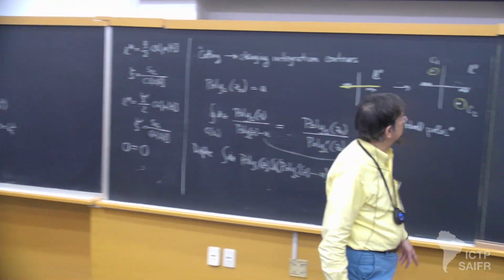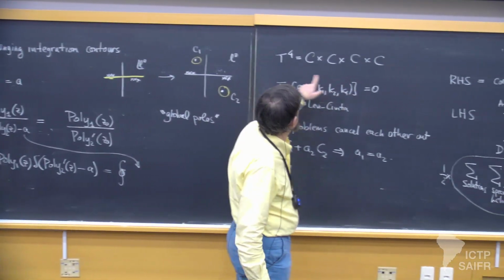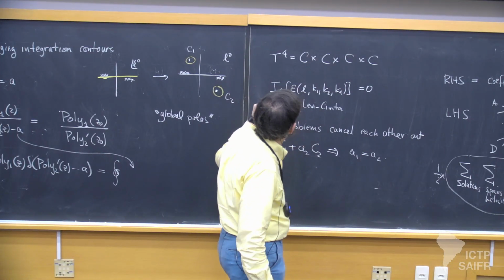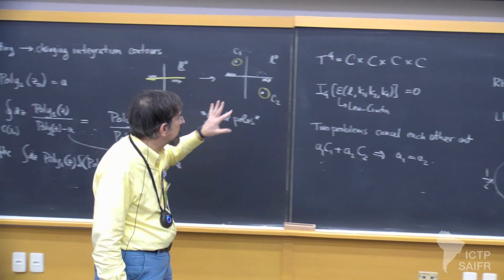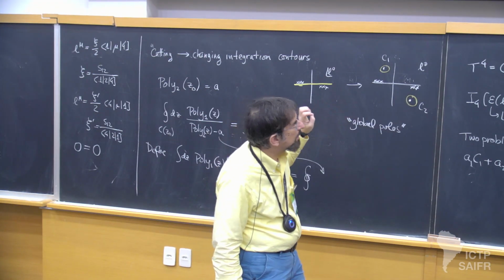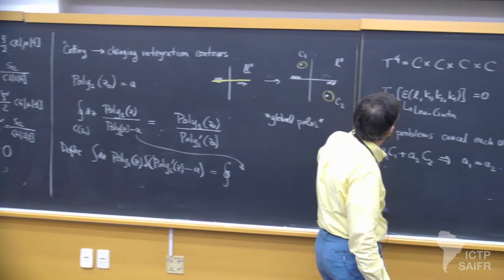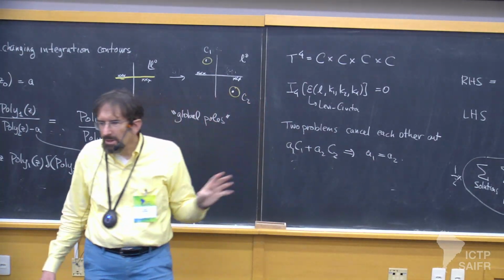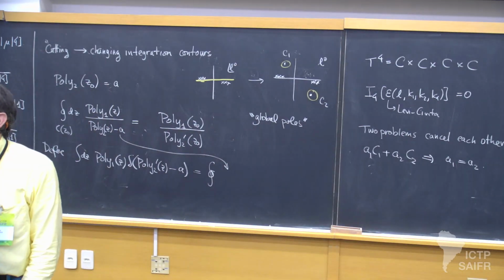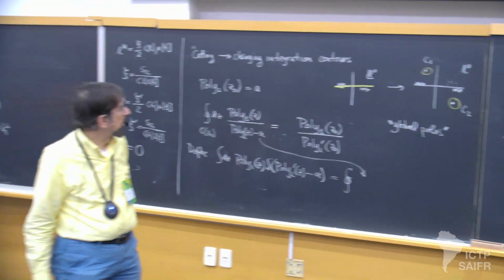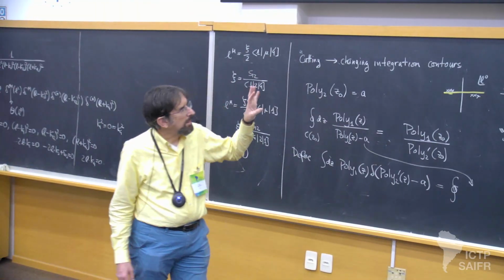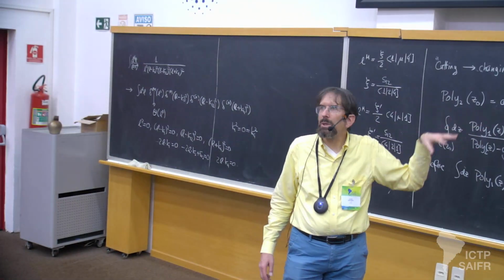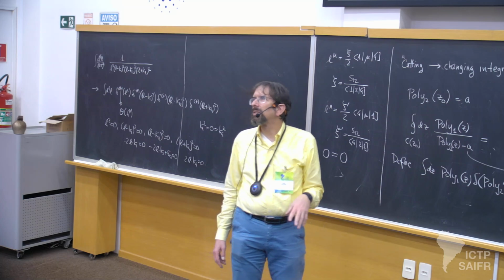So there are analogous statements to this at higher loops, although this style of doing generalized unitarity has not really fully been worked out at higher loops. I'm not going to talk about it, but in addition to working at the level of integrals, one can also work at the level of integrands.